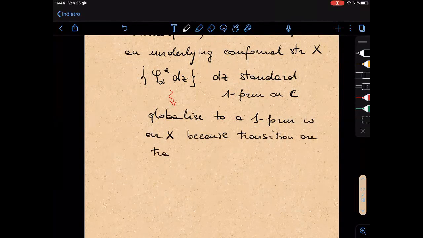So what happens is you have this family of local one-forms, but if two charts overlap, you want these two local one-forms to agree, and the agreement is given by the fact that transition functions are translations. So when you apply the differential, the translational part is completely cancelled out. So they agree.